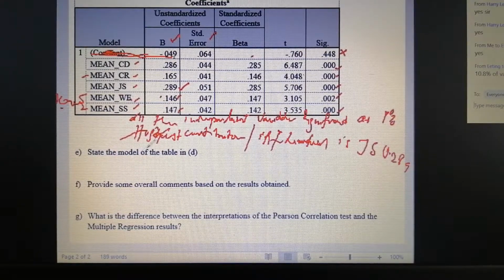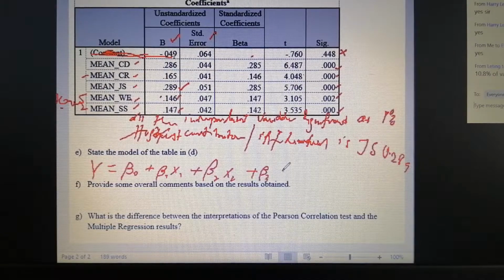State the model of the table in D. You need to state the model. How are you going to write the model? Say this data is Y. First come up with a constant. Remember your beta values: beta naught, beta 1 x1, beta 2 x2, beta 3 x3, and so on.